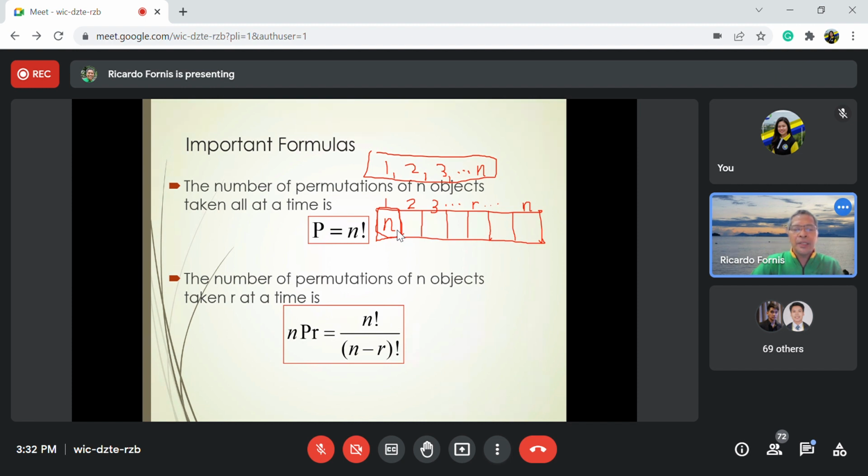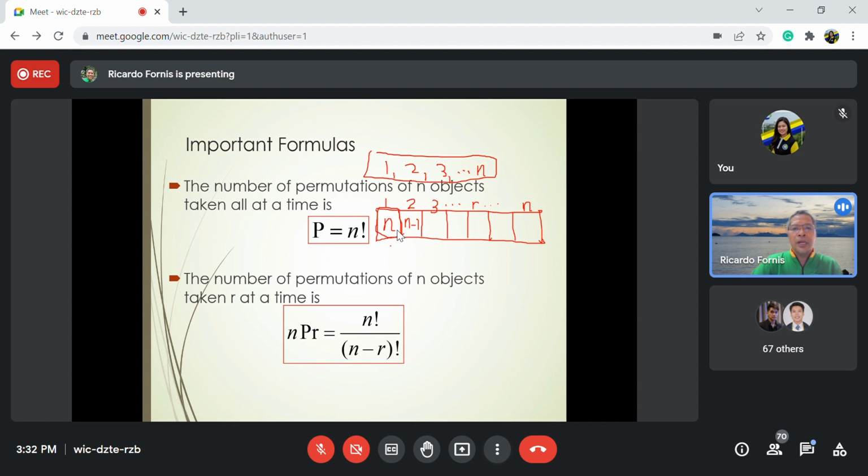For the second box, because an object has been taken already from n objects, there are n minus 1 remaining objects, and these can possibly be assigned to the second box.